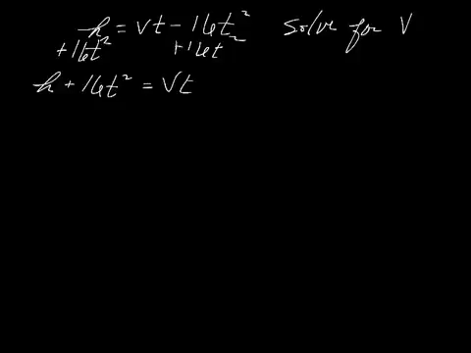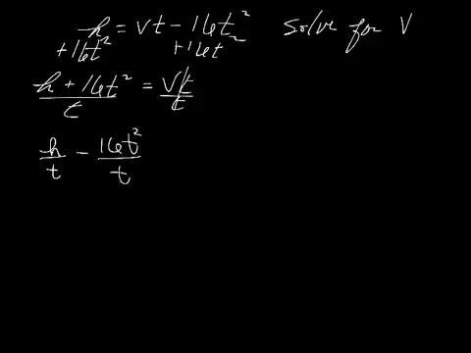And then it says, okay, well, we still have a t there, so we're going to divide that and divide that. So we divide these, those go away, and I end up with h over t minus 16t squared over t equals v. Now, look what I've got here.